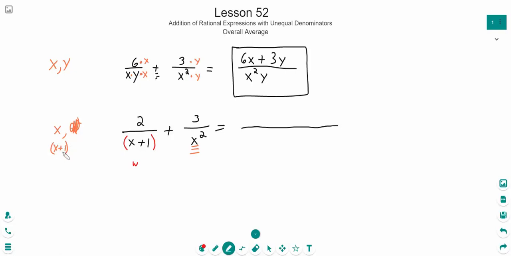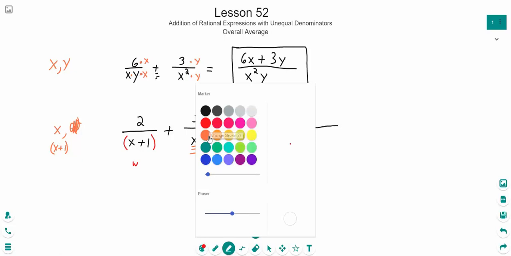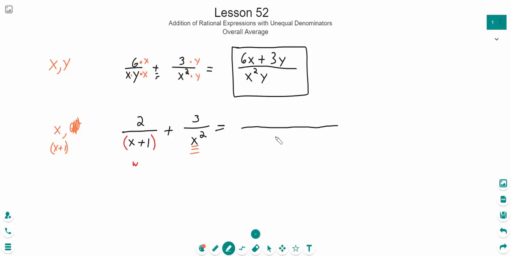It's an x plus 1, and then we have x's. So when we get to our common denominator, that common denominator has to have factors in it from each of these terms. Or I should say, each of these denominators here have to be a factor of the common denominator. They have to evenly go into the common denominator.